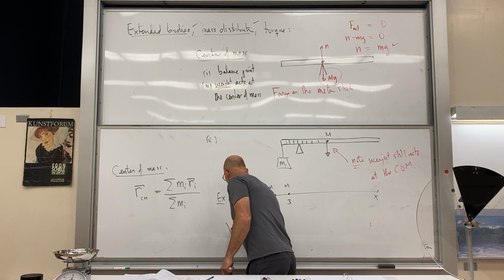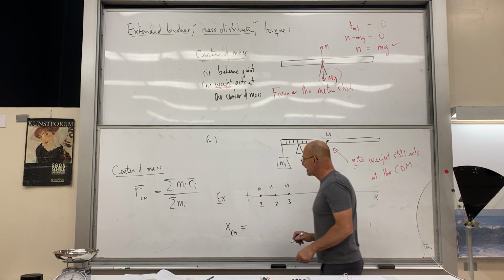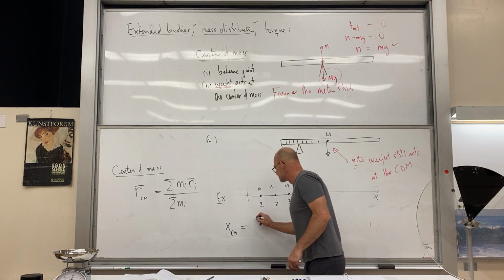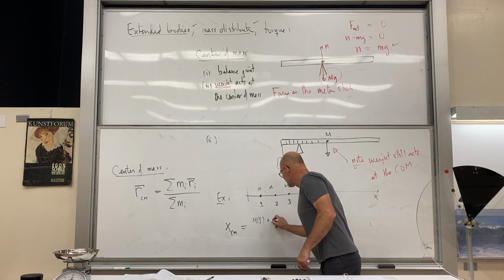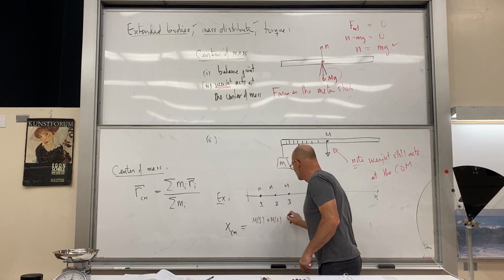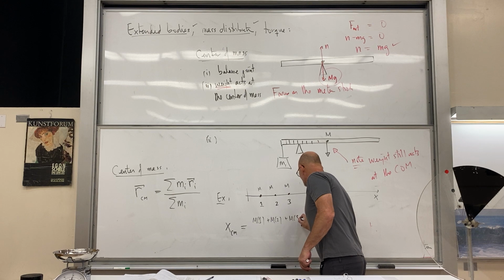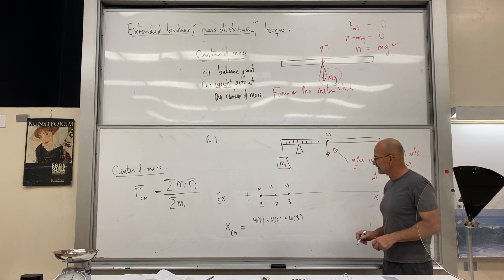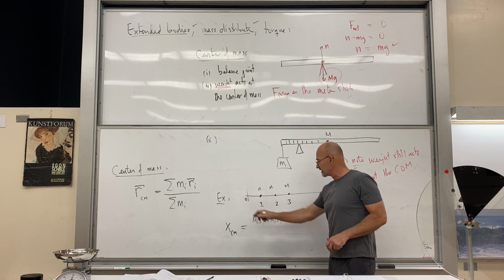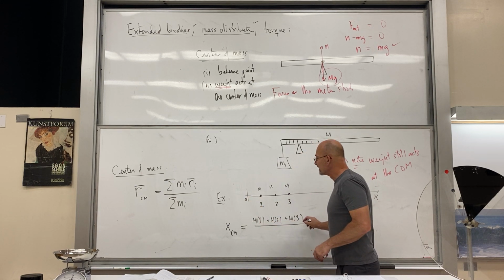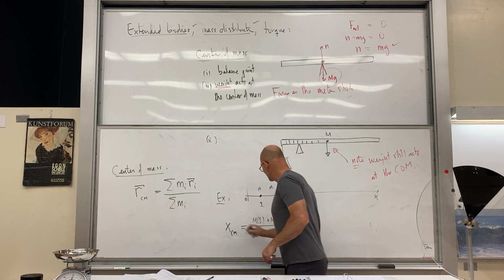This time, our center of mass is just along the x-axis, and it's equal to m times 1 plus m times 2 plus m times 3. Because we're taking this as the origin, divided by m plus m plus m, which is 3m.